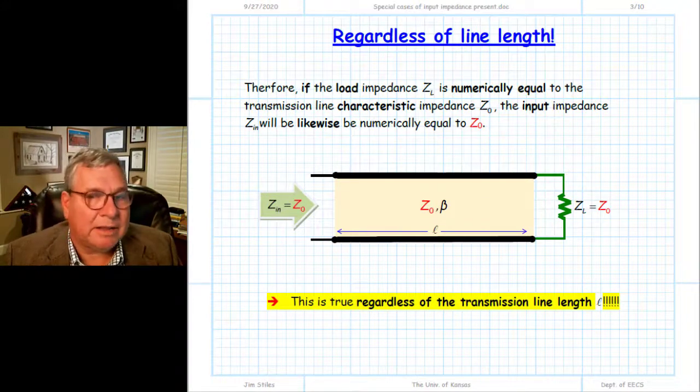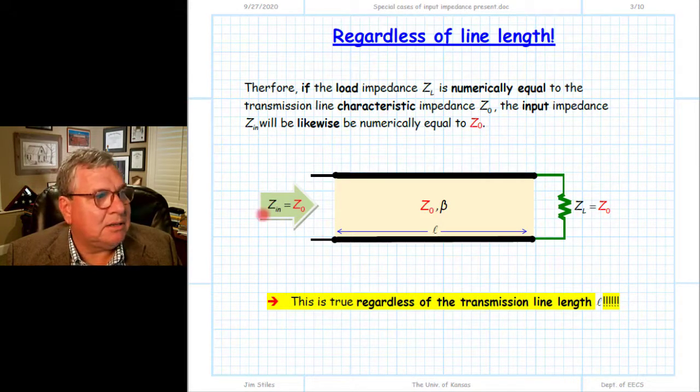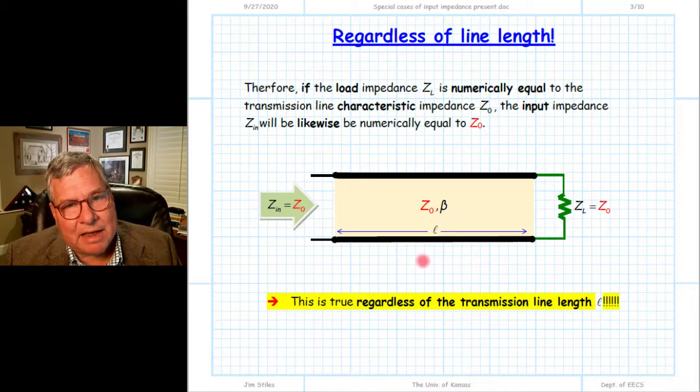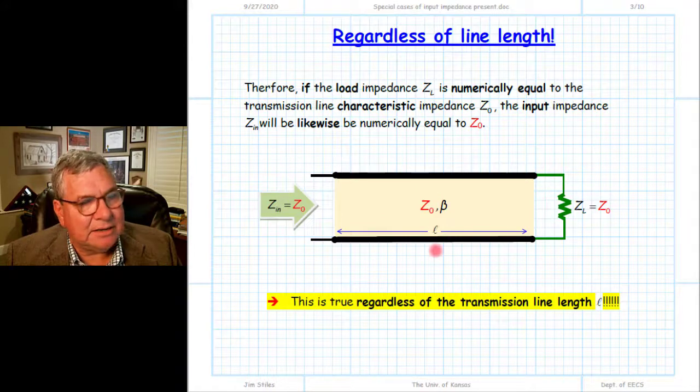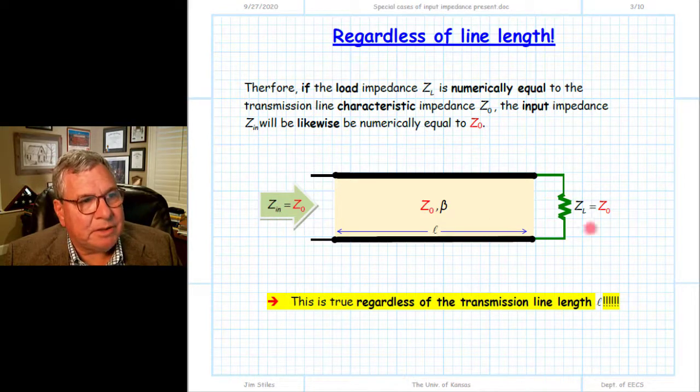Perhaps the most important thing about this result is that the input impedance will be numerically equal to Z0 regardless of the length of that transmission line. When we have a load numerically equal to Z0, then Zin is likewise equal to Z0, and notice that is independent of what the line length is. Whether this line length is 1 centimeter or 1 kilometer, the input impedance will be numerically equal to Z0 if the load is equal to the characteristic impedance of that transmission line.